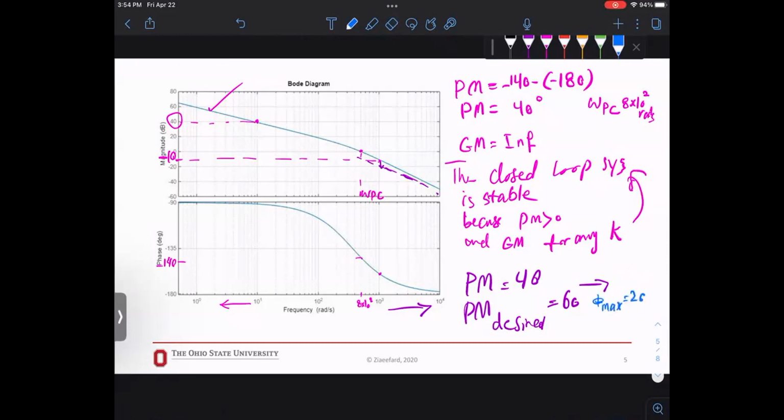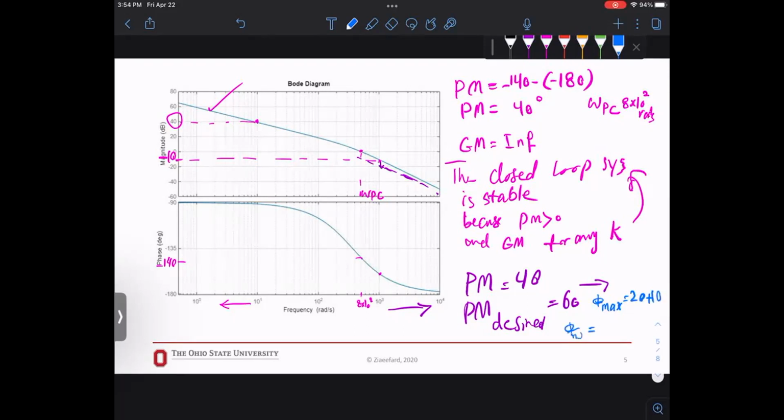Now, if you read the lecture when we did the example for Monday, you saw that you can always add 5 to 10 degrees extra to make sure that you definitely reach it, because it's greater than or equal to 60. So we would add some value, like plus 10 for compensation.